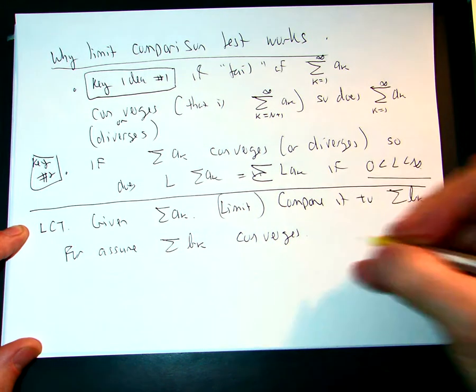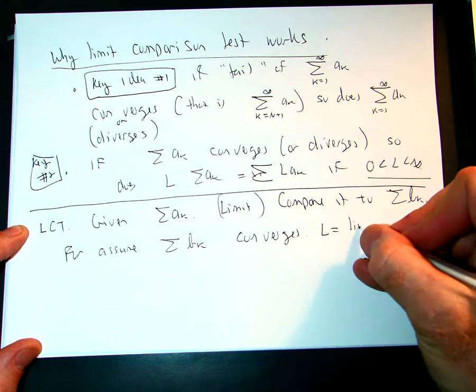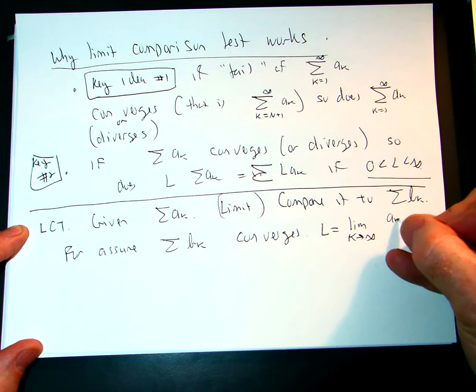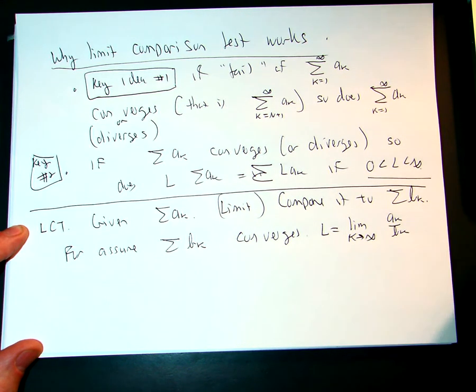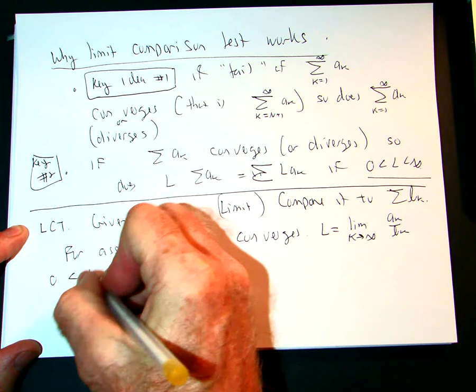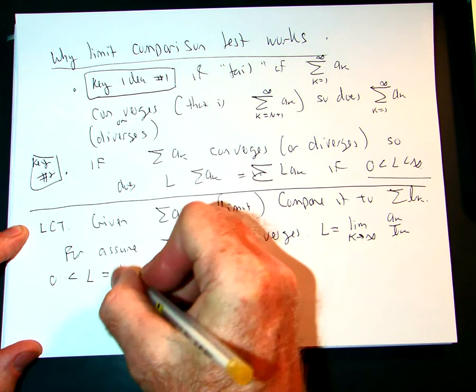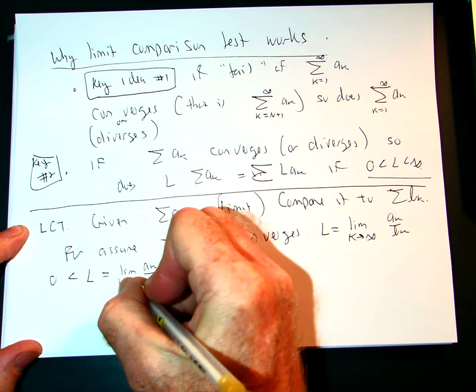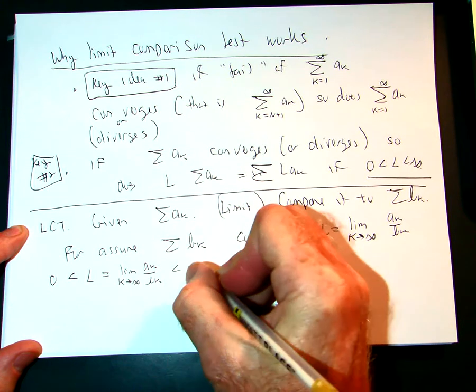Okay, so I'm going to set up my limit, a_k over b_k, and let's say I do all the work and I get that the limit, L, is finite and positive.